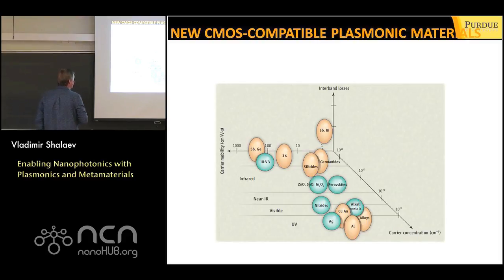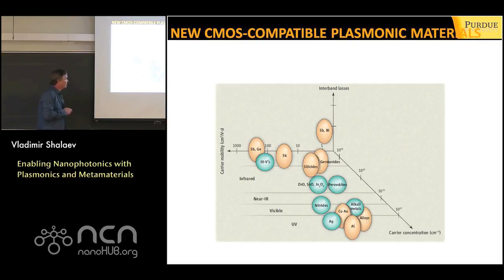This work they did with Harry Atwater, for example, from Caltech, showed that indeed there are a number of different classes of materials that could be used for plasmonics. When you speak of mid-infrared, materials like perovskites actually could be pretty good plasmonic materials. The same perovskites which are now used for all types of photovoltaics.